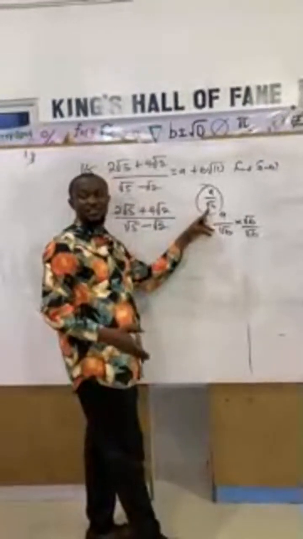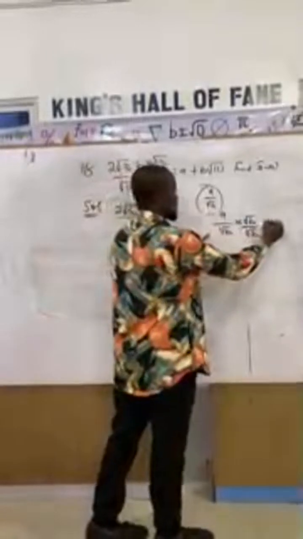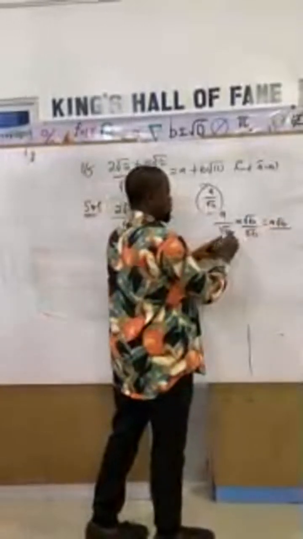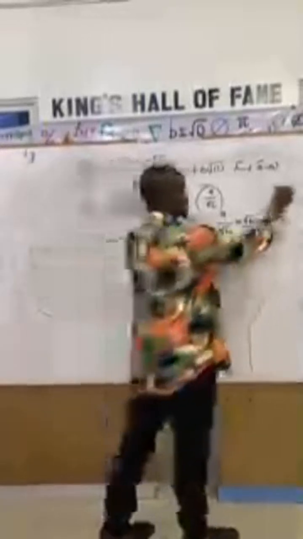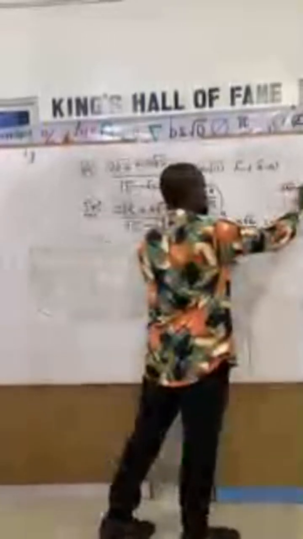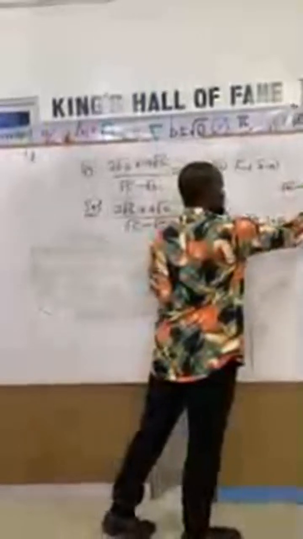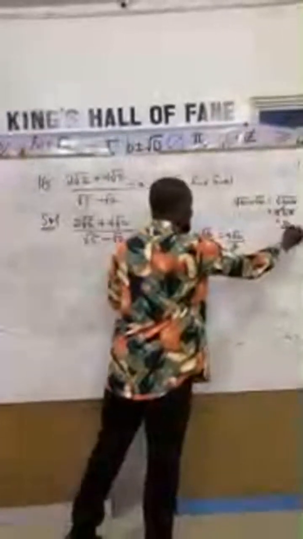This is going to give us A root B over root B times root B, which is over B. Why is it B? Because root B times root B is equal to the root of B times B, which is the root of B squared, which is B.